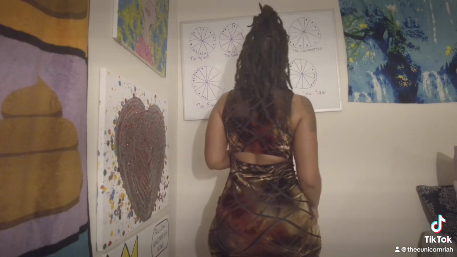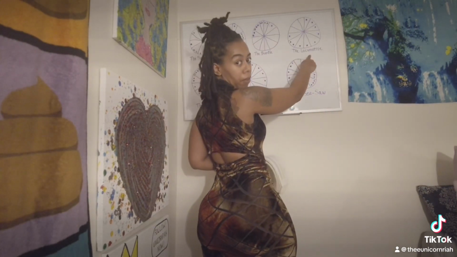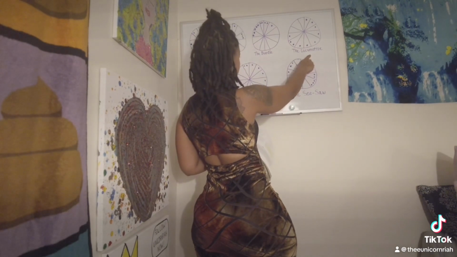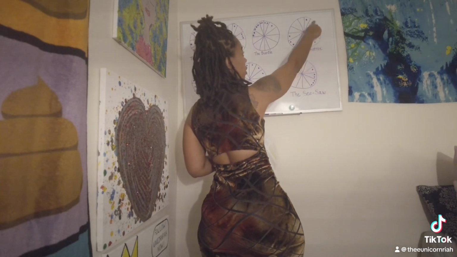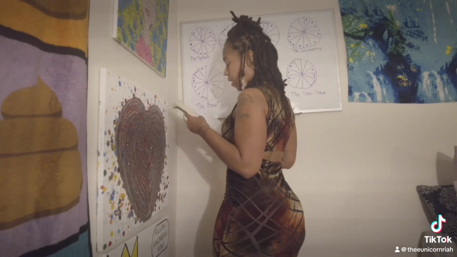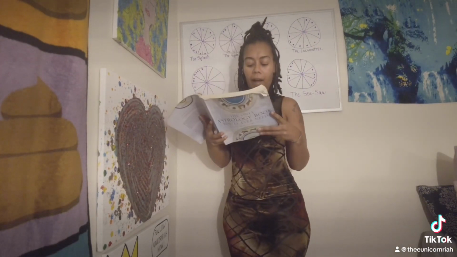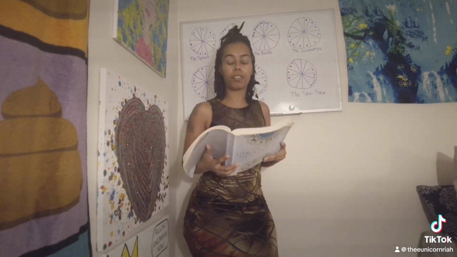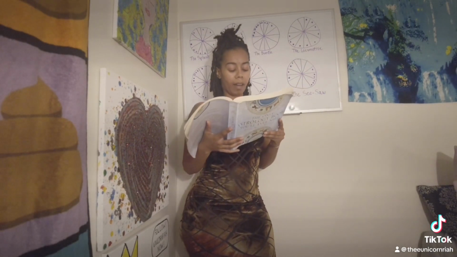Then we have the locomotive. This pattern is easy to spot because it looks something like a train. The planets range over a large number of signs, and all the signs are consecutive.